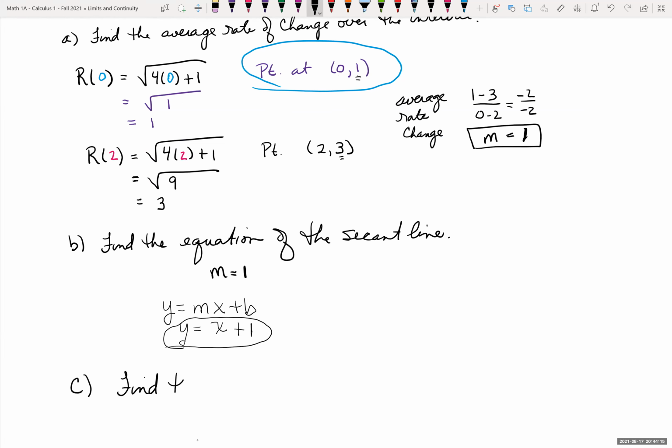Let's find the instantaneous rate of change when x equals 0.